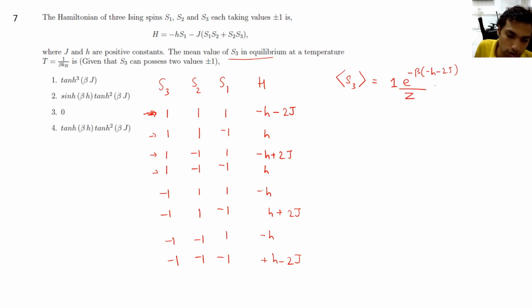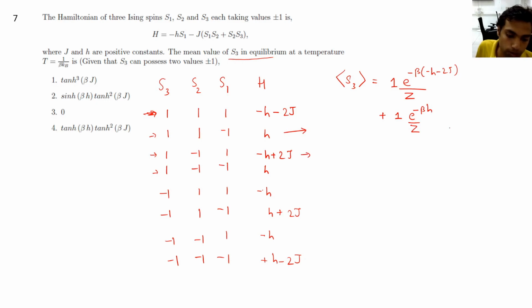Okay, so that is the contribution of spin from this part. Then again plus 1 times e to the power minus beta h over Z. So that is the contribution from this part.